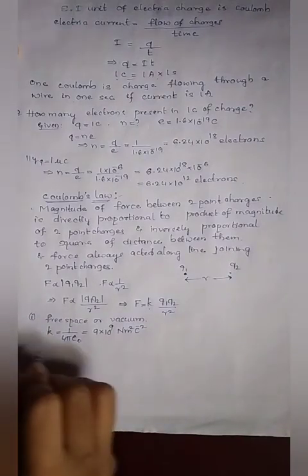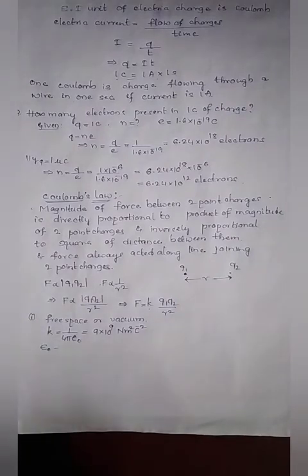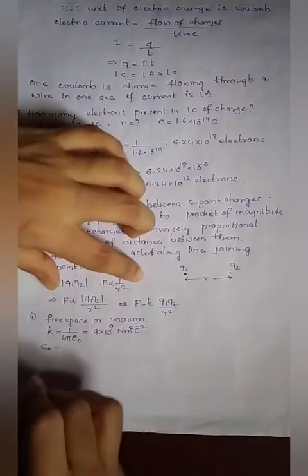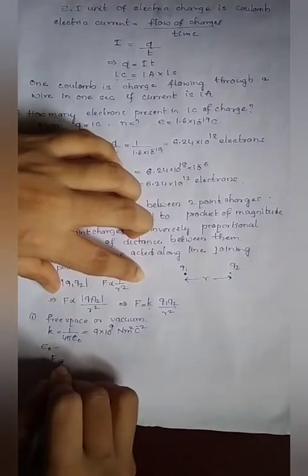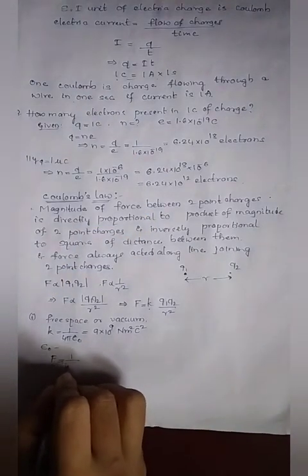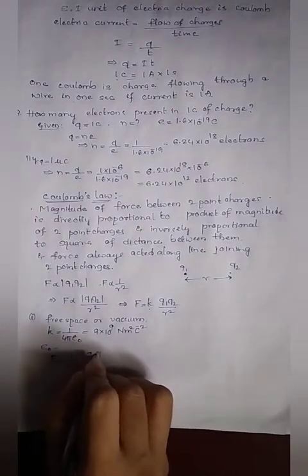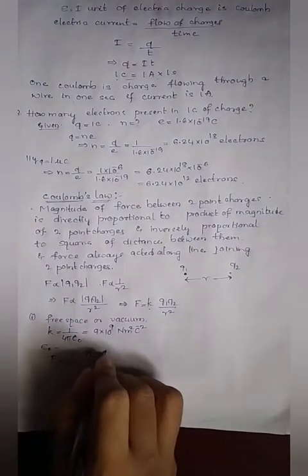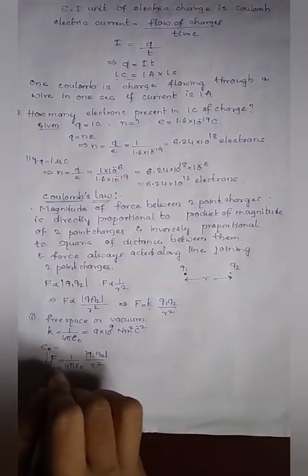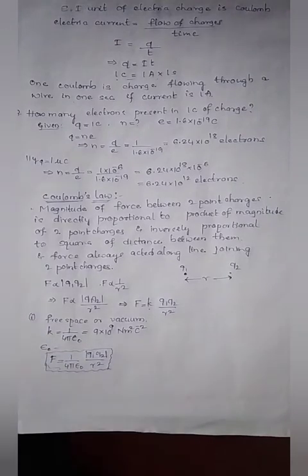Here epsilon naught is the absolute permittivity of the free space. Hence, force F can be written as F equal to 1 by 4 pi epsilon naught into Q1 Q2 divided by r square. So remember this expression.